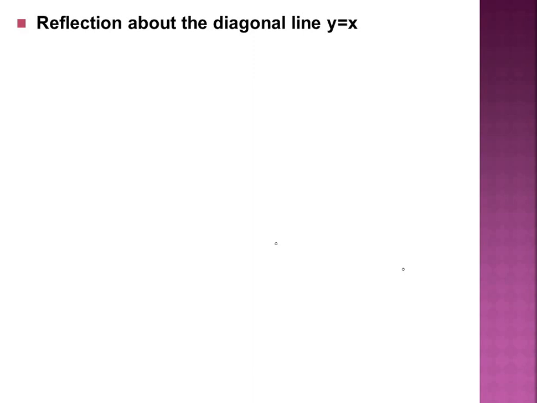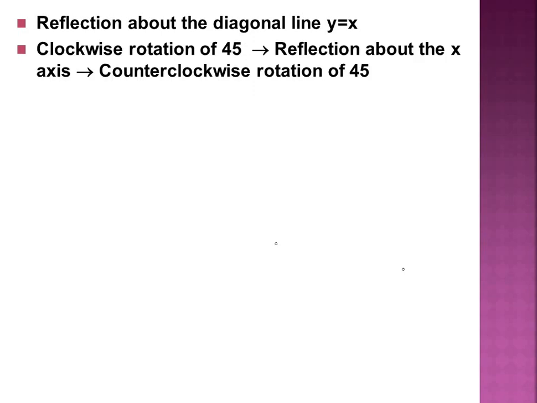How can we derive it? The reflection about the diagonal line y equal to x can be achieved by the following sequence of operations. First, we rotate the line clockwise by 45 degrees. Then we perform the reflection about the x-axis. By rotating the line clockwise by 45 degrees, it coincides with the x-axis.